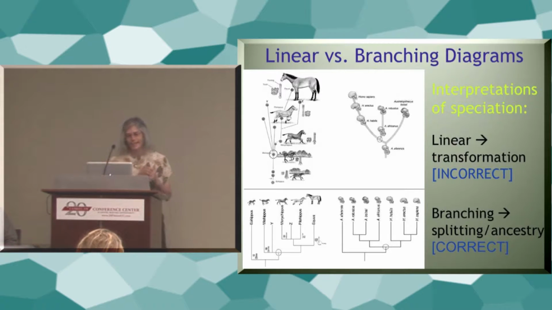Those are incorrect interpretations of speciation, whereas in contrast, we hypothesized that completely branching diagrams would lead to explanations in terms of splitting or common ancestry, which are the correct interpretation.